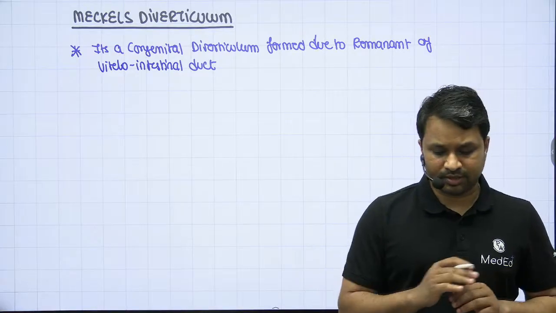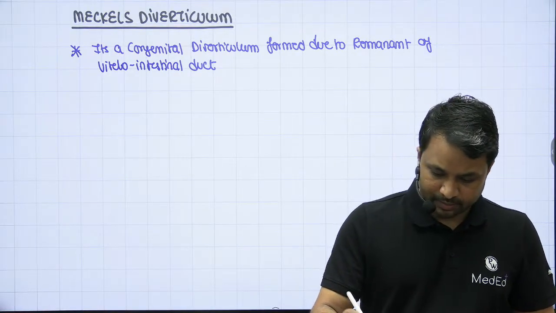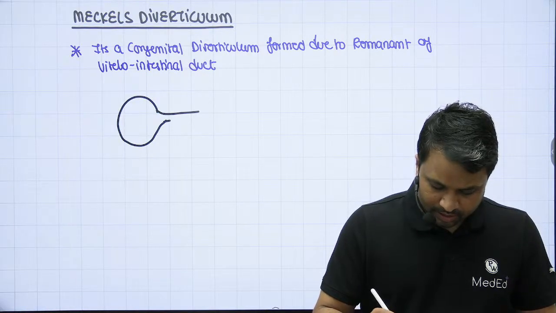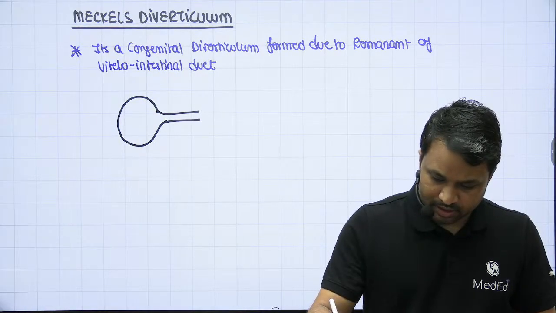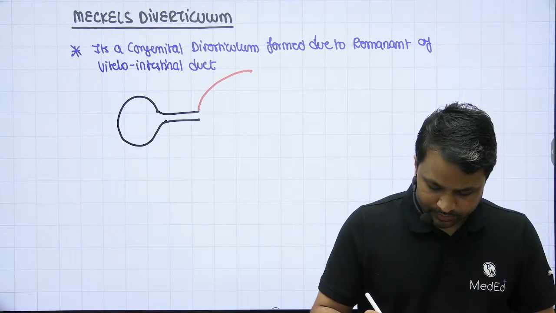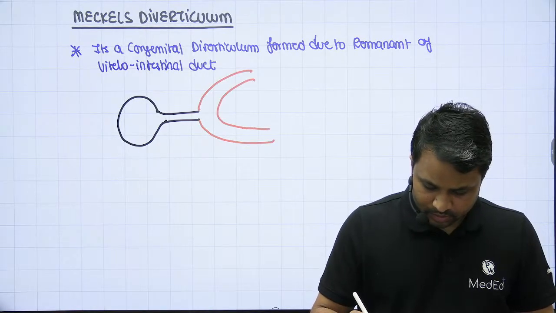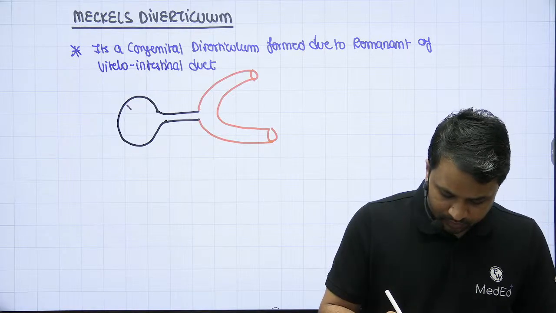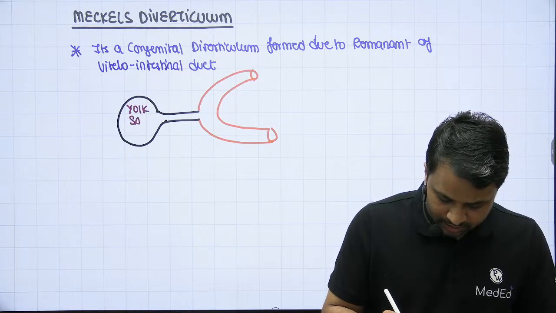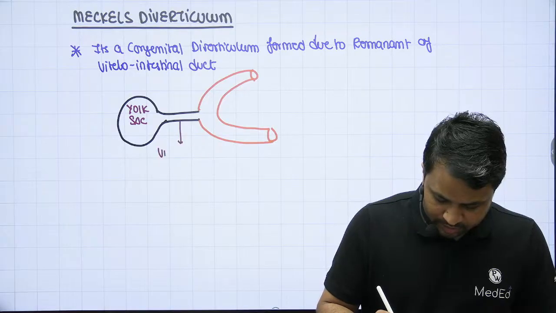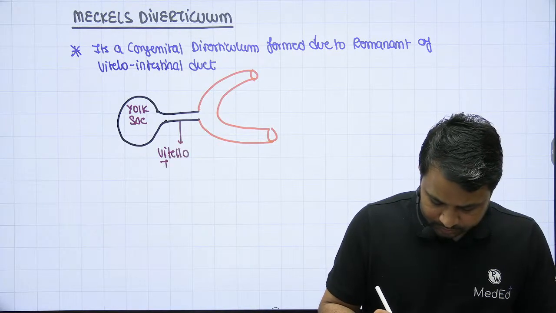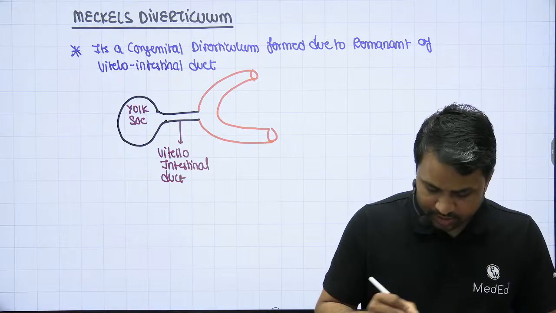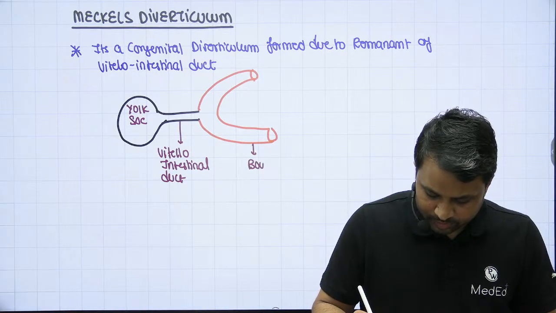Now, when you look at the whole concept, this is where the yolk sac is going to be present. This is your vitelo-intestinal duct, and through the vitelo-intestinal duct, the bowel is going to arise. Normally, if you take this as the yolk sac, this is the vitelo-intestinal duct, and this happens to be the bowel loop.